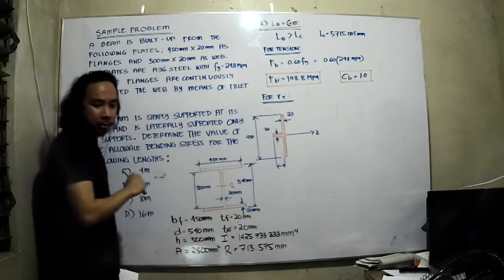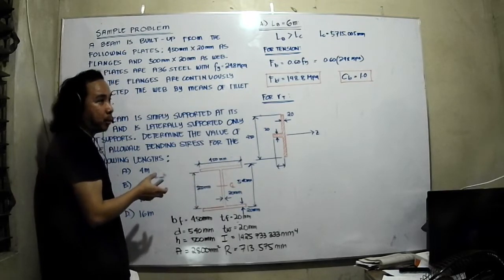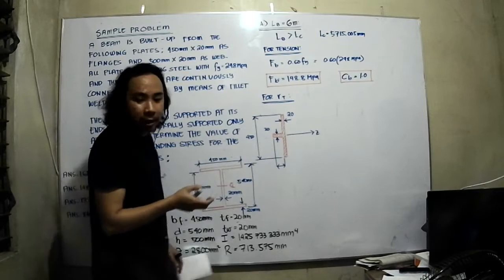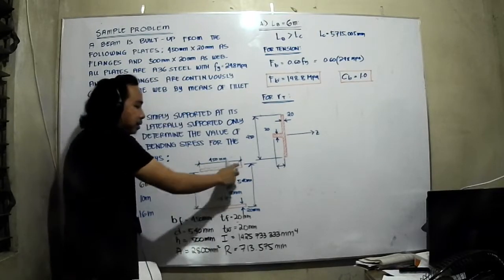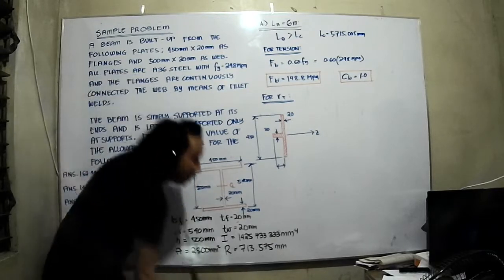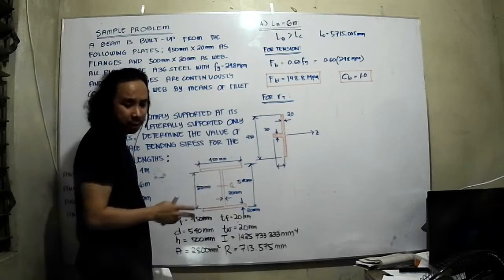We take half of the web because once it is subjected to moment, the stress distribution is symmetrical. The top will suffer tension and the other half compression, or vice versa.